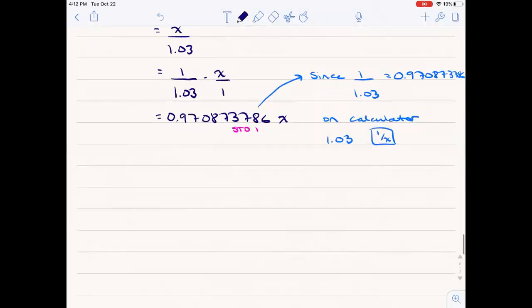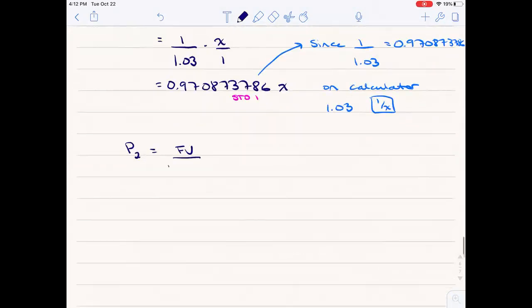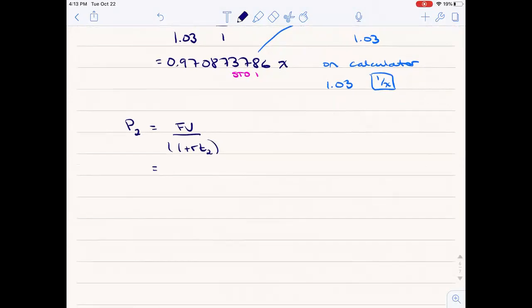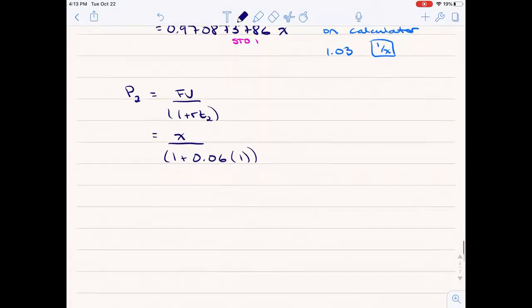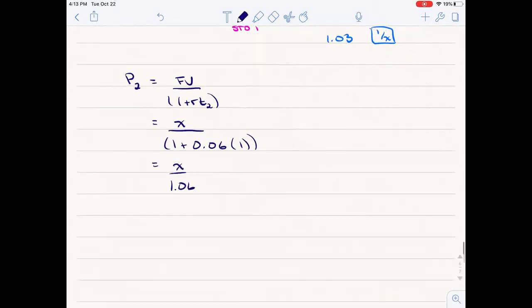Okay. How about P2? P2 behaves the same way. Future value over 1 plus RT2. Future value is X again over 1 plus 0.06 times T2, which is just 1. So we get X over 1.06. Not showing the steps, right? But still doing 1 over 1.06.